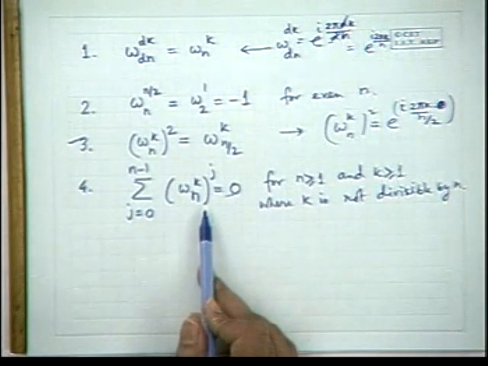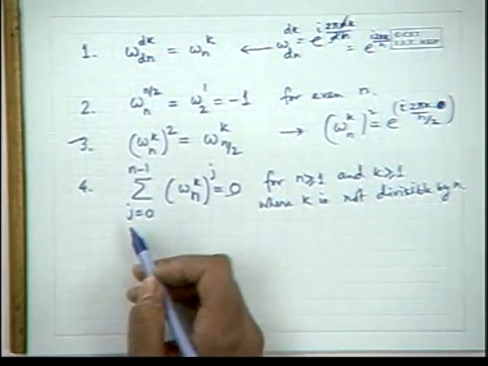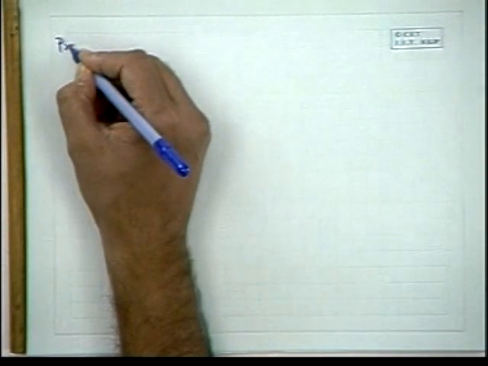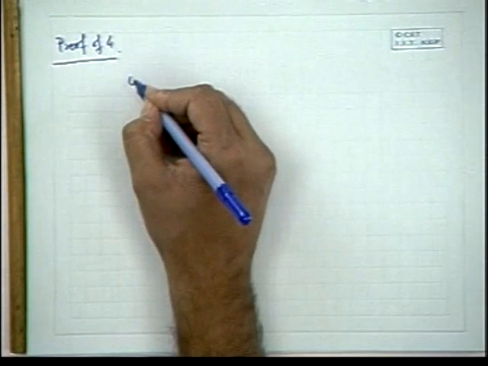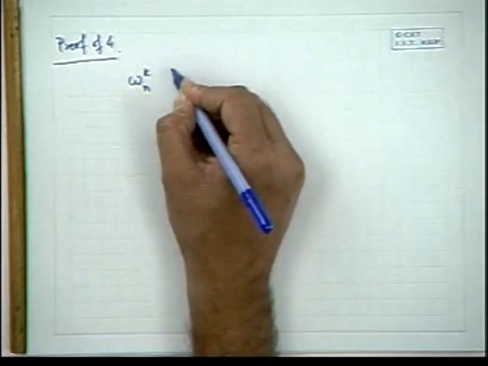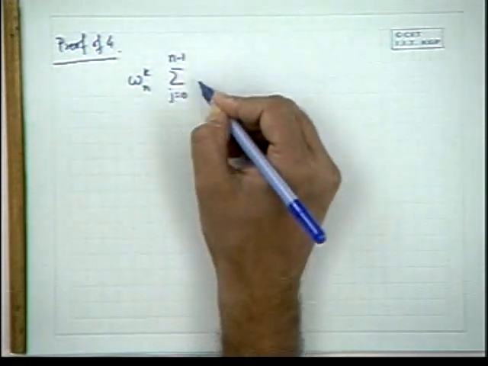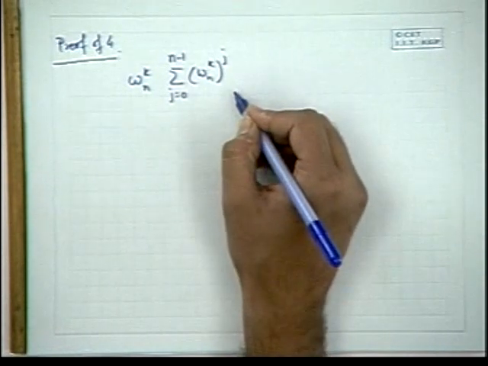So let me just prove the fourth one. I will go quickly over it just to tell you why it is true. So proof of 4. You just consider W n k times sigma j equal to 0 to n minus 1 W n k to the power j.